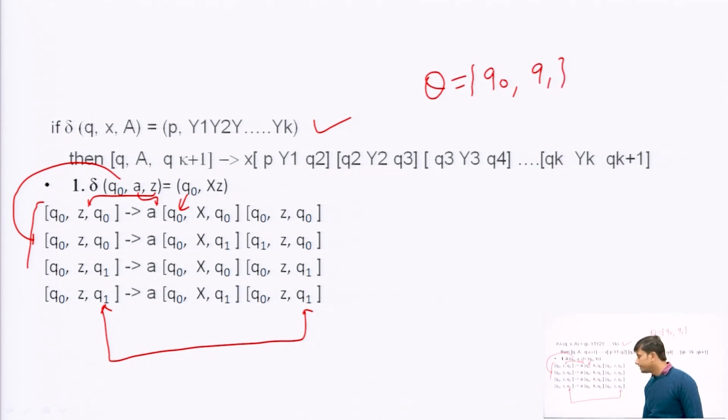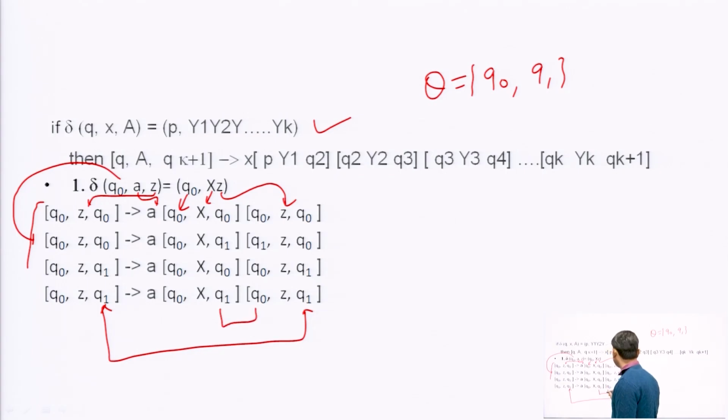So A is a terminal, and after the operation we have X and Z on the stack, so all the X and all the Z appear, and we are going to q0, so that will be q0, and these parts will be the same.